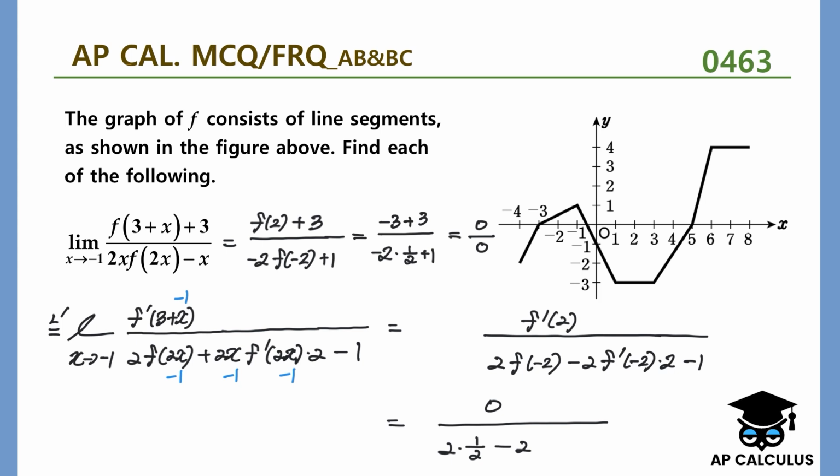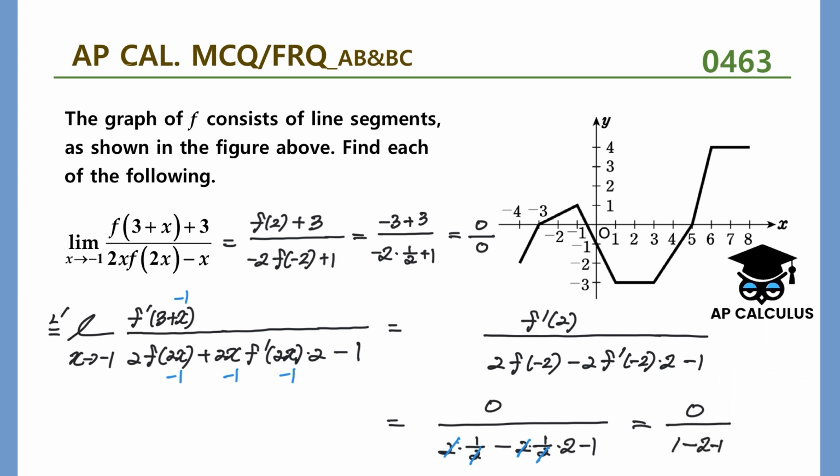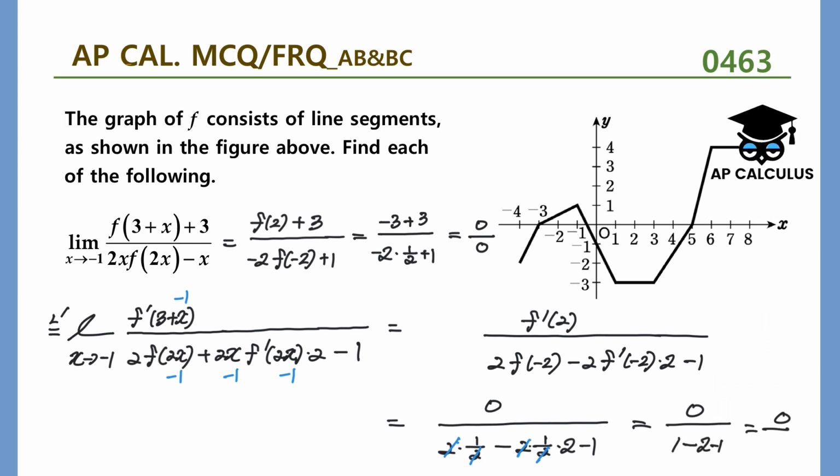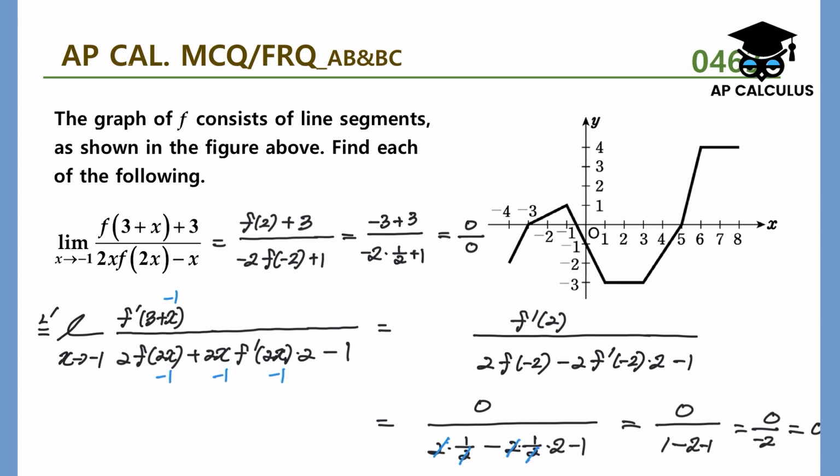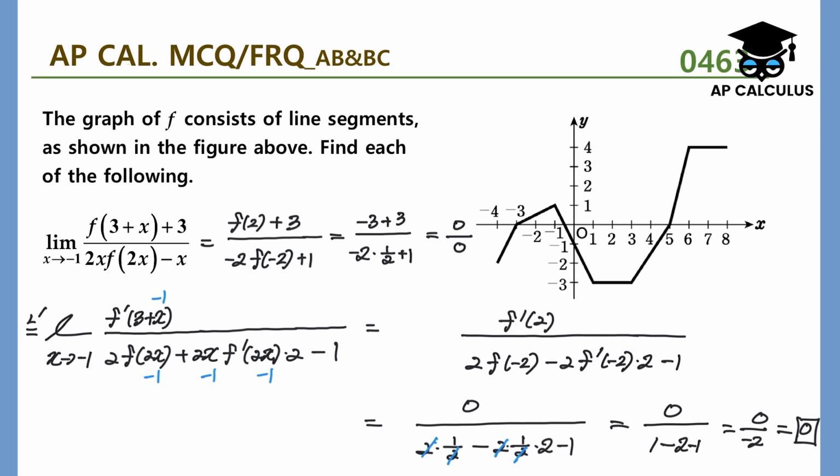Rise over run. So that's going to be 1/2. 1/2 times 2 minus 1, right? So cancel it out, right? So that's going to be equal to 0 over 1 minus 2 minus 1. That's 0 over negative 2, right? Since the numerator is equal to 0, the answer is 0, right?